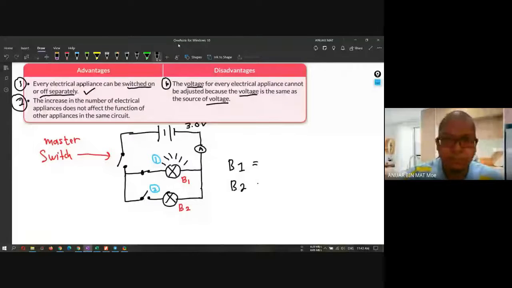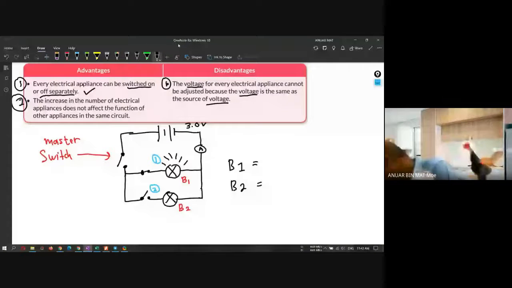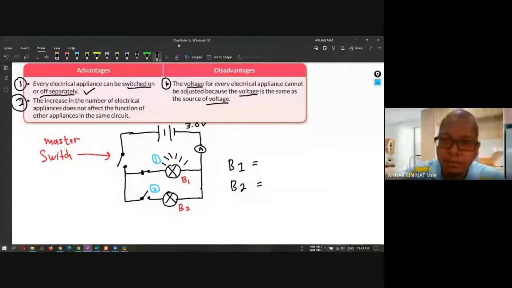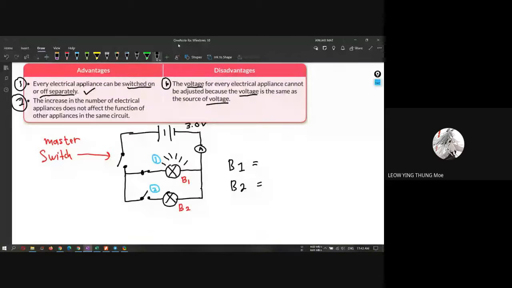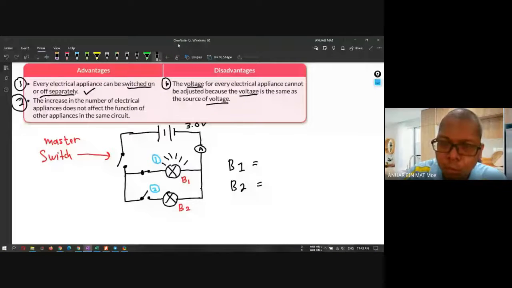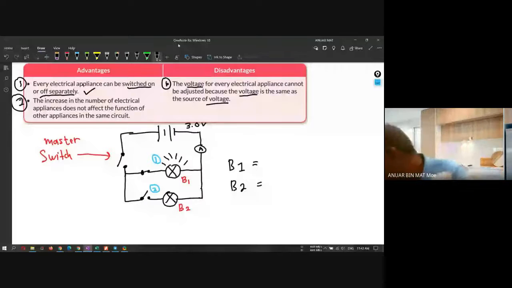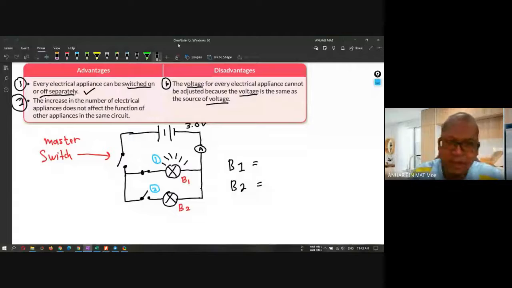What is the formula? You still remember the formula? How much is the voltage of B1? 1 volt or what? Class, this is parallel.